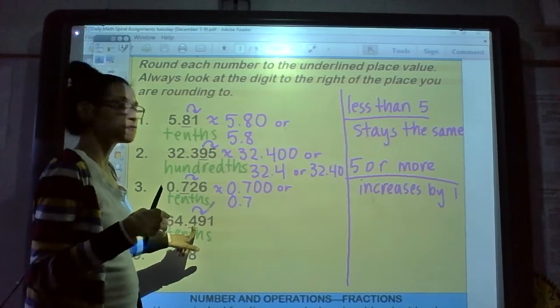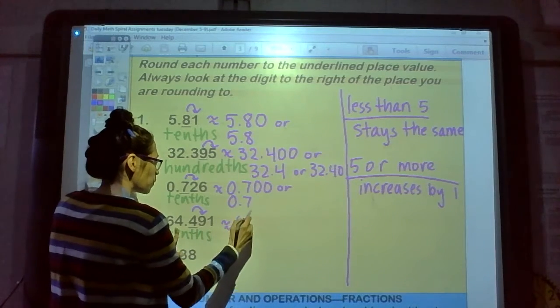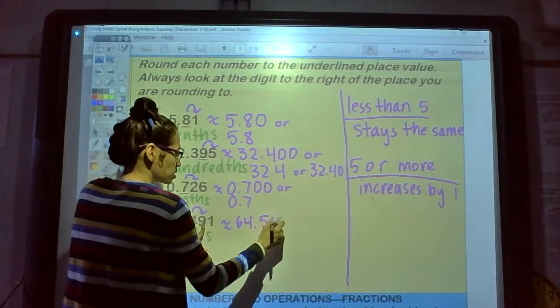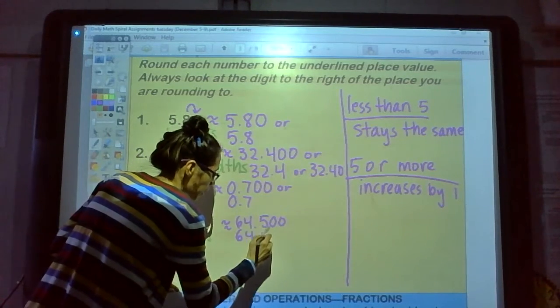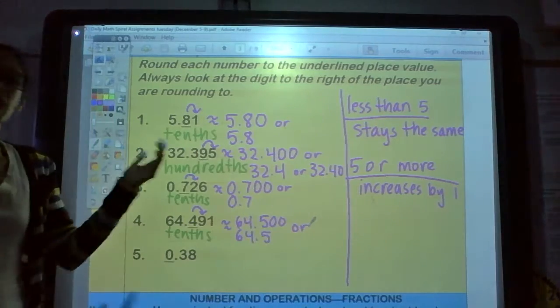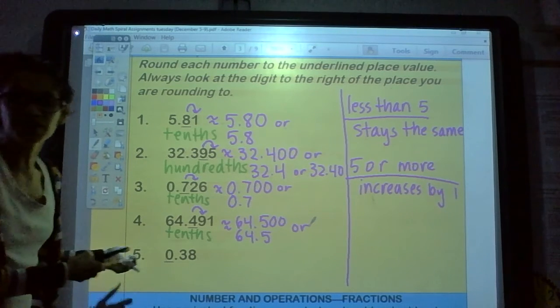It becomes a 5. That's right, so let's write that down. 64 and 5/10, and the rest becomes zeros. Or we can write 64 and 5/10, just like that. So 64 and 500 thousandths, or 64 and 5/10. Yes! We're on the last one.